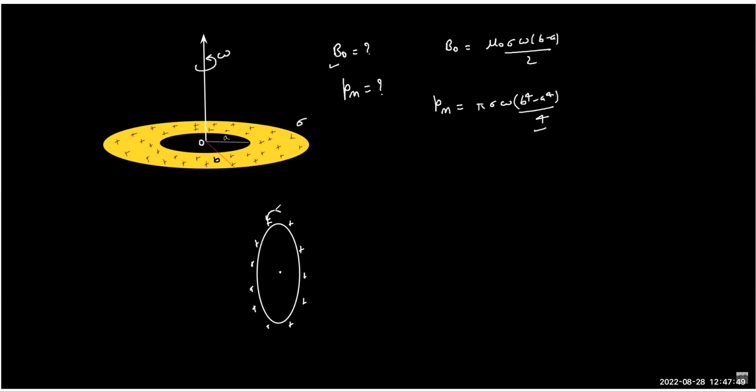And if the ring is rotated like this, and if you wish to find the magnetic field at a distance x, and the radius of the ring we are going to take as r, what will be the B at P?